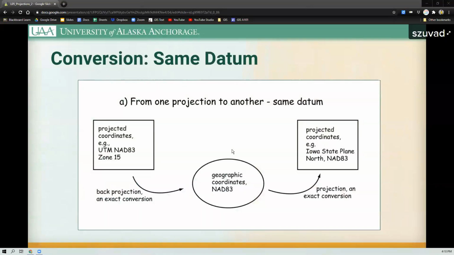So right now we have the question of how do I convert data from one system to another? Well, if everything is on the same geoid model and the same datum, then it's fairly straightforward. There's a mathematical conversion from one projection to the other projection. Sometimes that's a little bit more complicated with really interesting shapes of projections, but the underlying model is the same.